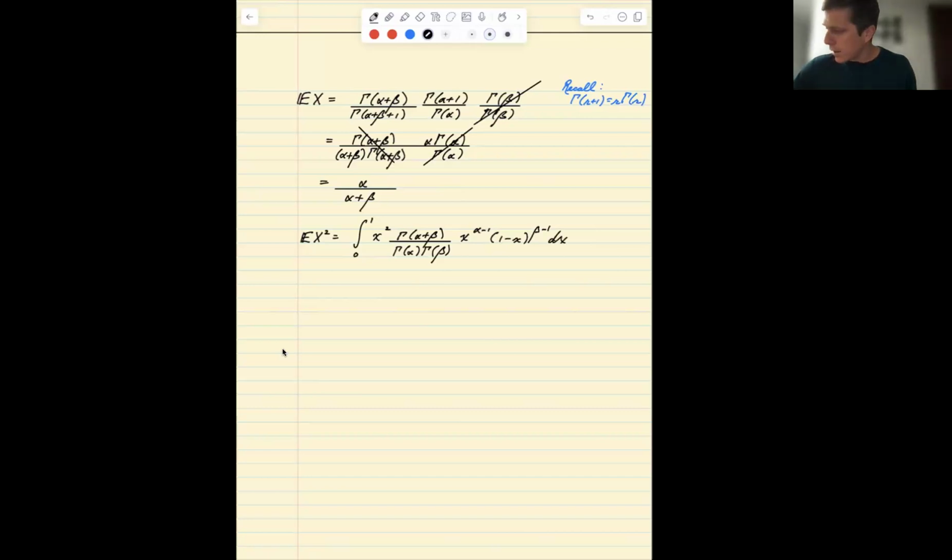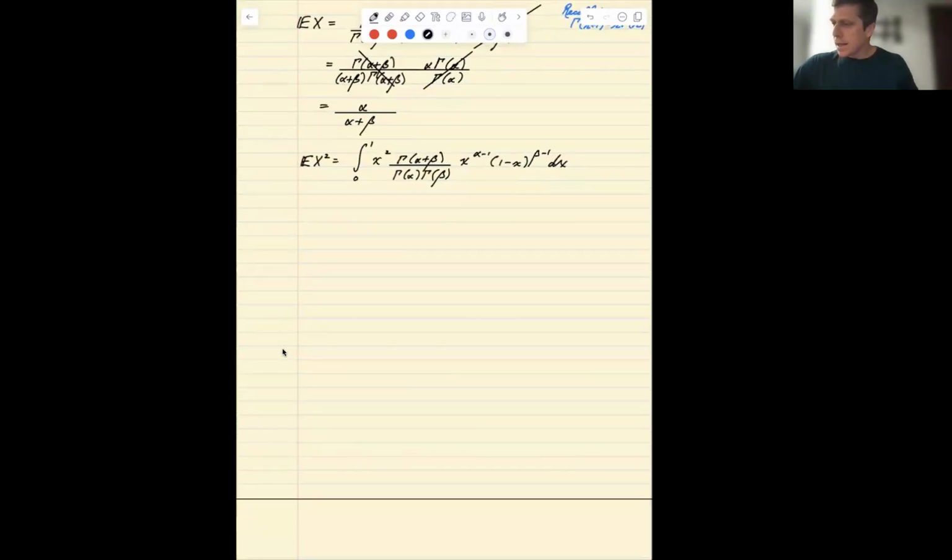Except the difference now is we're going to have an x to the alpha plus 2 minus 1. So what we end up with, and I would leave this as an exercise to fill in details, is alpha times alpha plus 1 on the top, and then alpha plus beta plus 1 on the bottom.